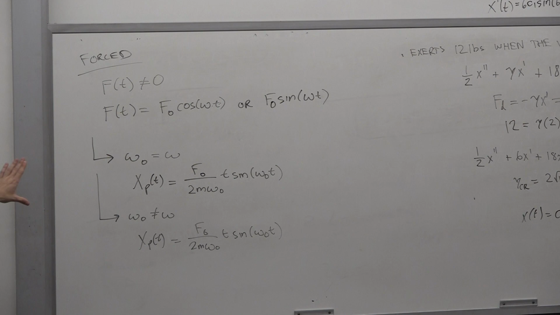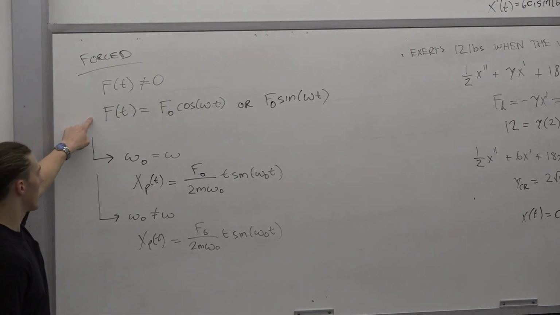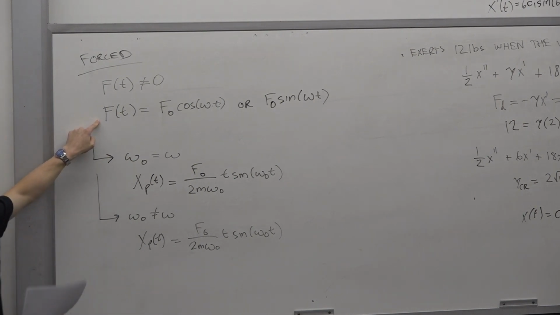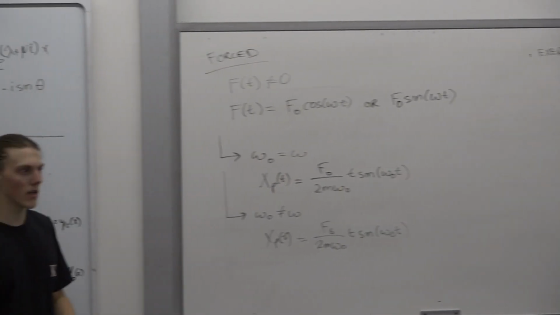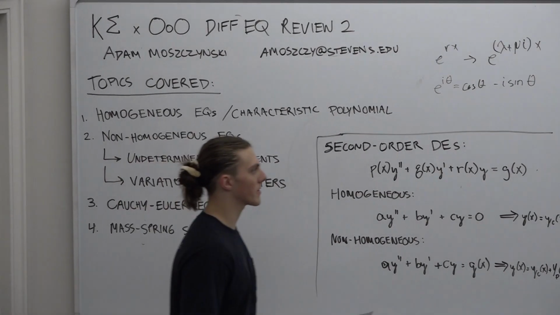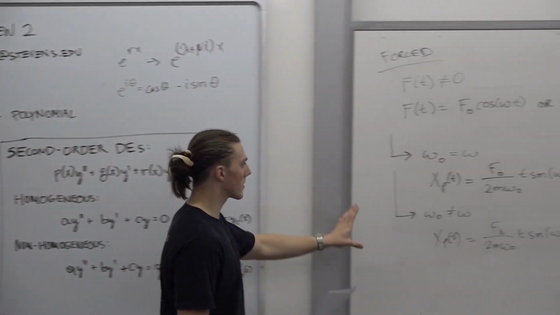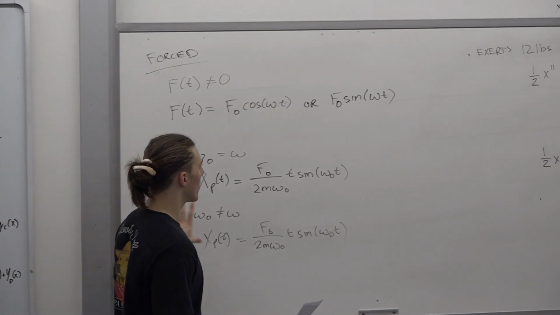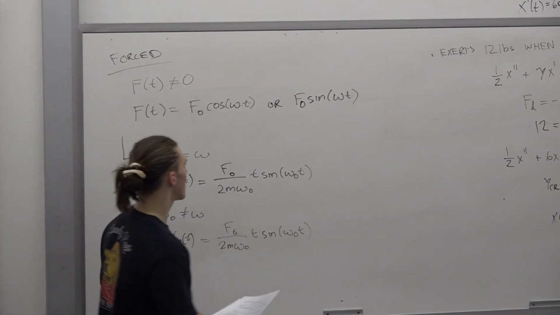That is only if the external force is a periodic function. So if it was just like f of t equals t, then this doesn't apply, and we go through the same method of undetermined coefficients or variation of parameters. So these solutions, you can verify them with undetermined coefficients the same way.